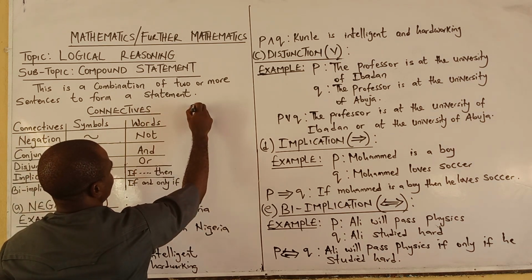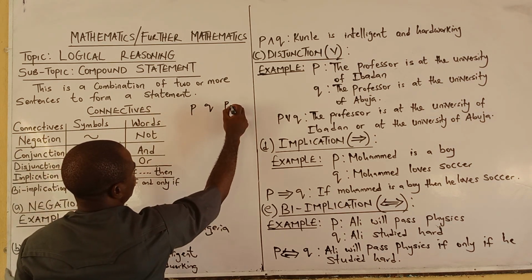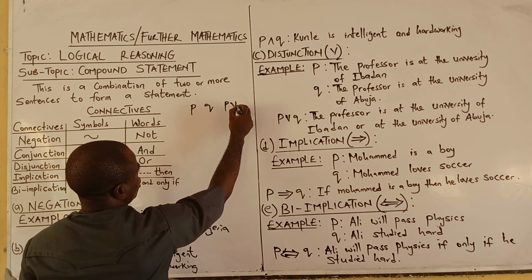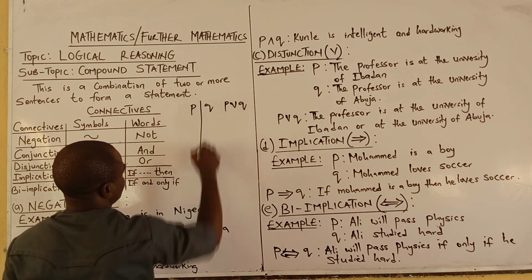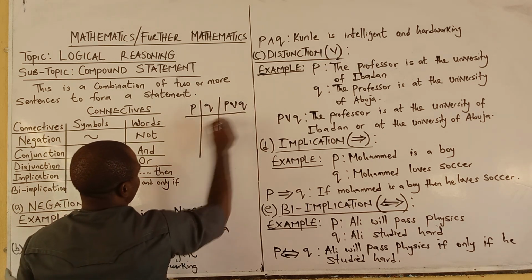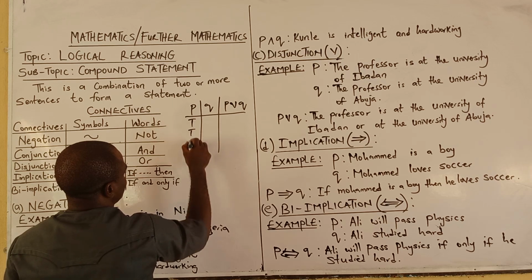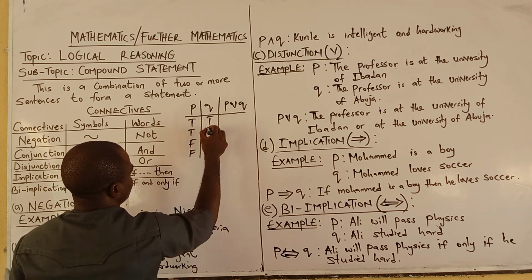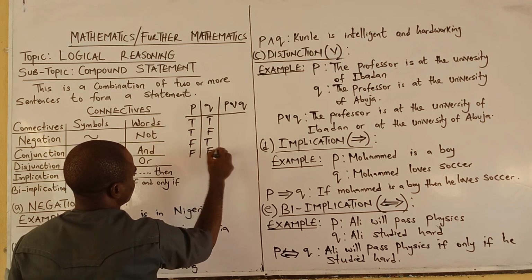Let's see, P, Q, P disjunction, the arrow pointing down, Q. Now, true, true, false, false, true, false, true, false.